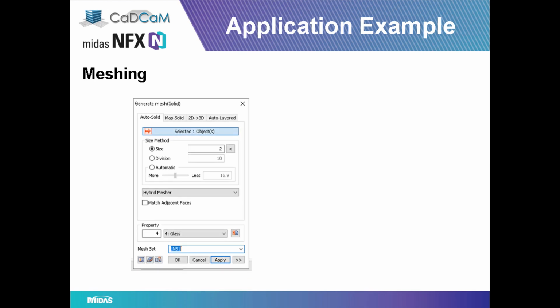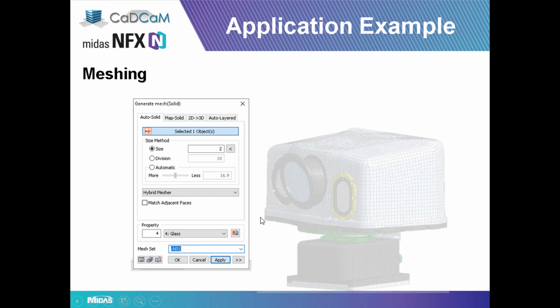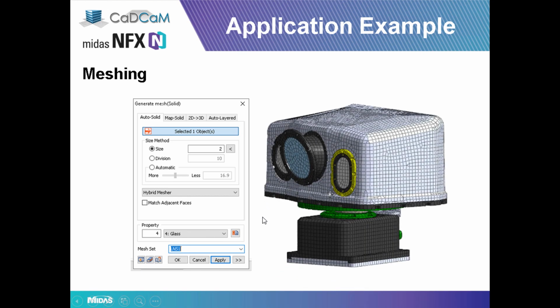In the meshing paragraph, we not only define the hybrid mesh, for example, which includes hexahedral, tetrahedral, and pyramid elements. We also define the material of the parts that we mesh, and the material of all the parts will be defined during this stage.